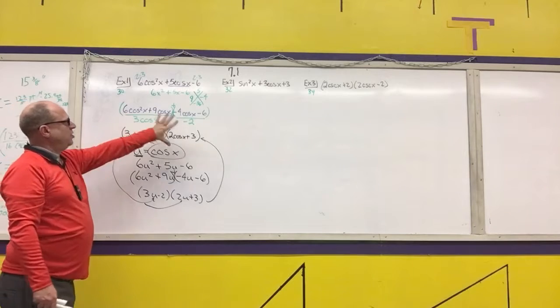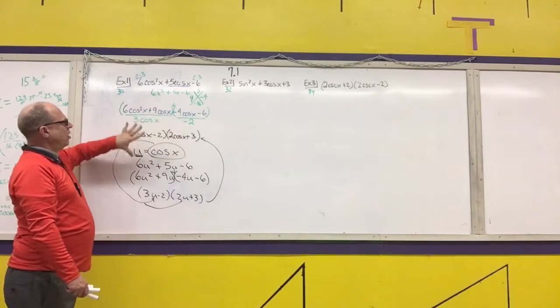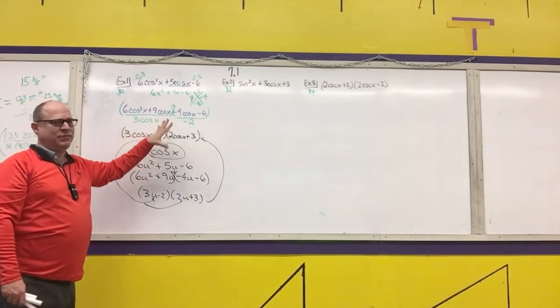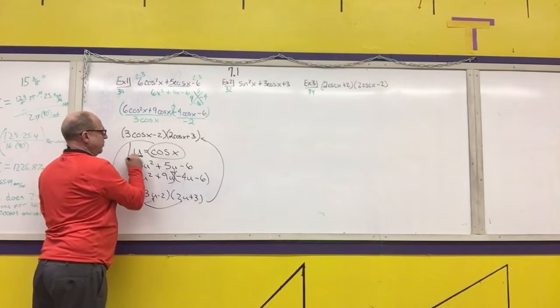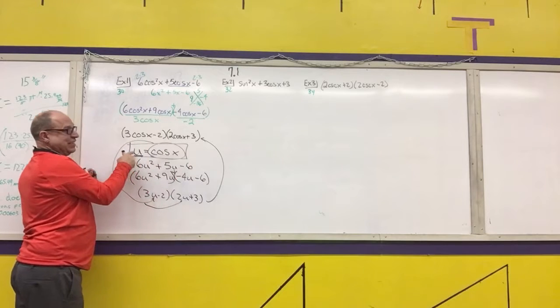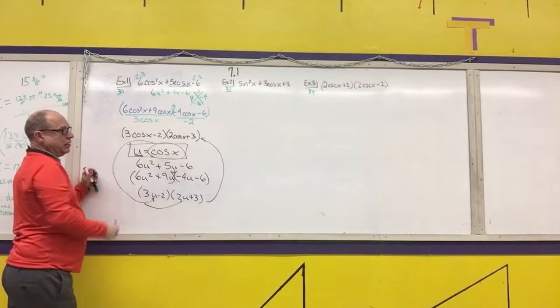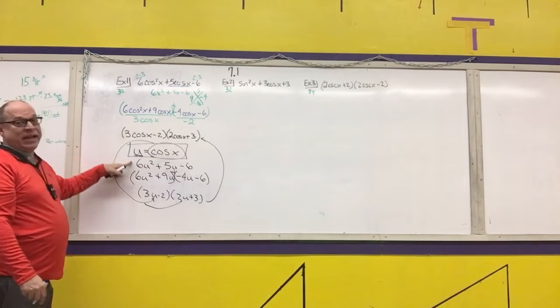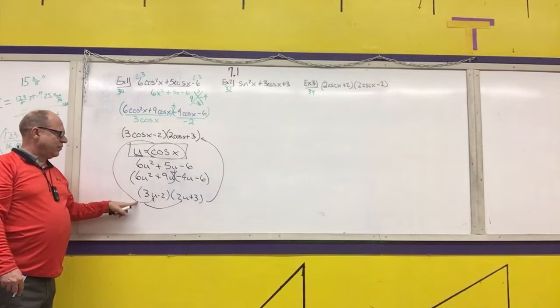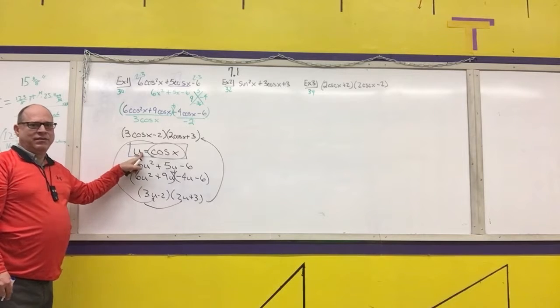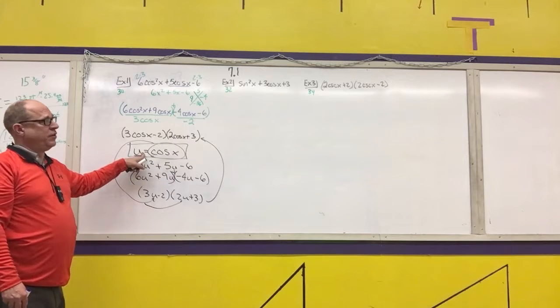So if having the trig functions in there when you are doing your factoring process confuses you, give yourself something that you can substitute in for the trig function. My recommendation is not to use x because we've already got an x here. But turn it into an Algebra 2 problem or a college algebra problem, do the factoring, and then at the very end go back and resubstitute back in for whatever you used as your substitution variable.